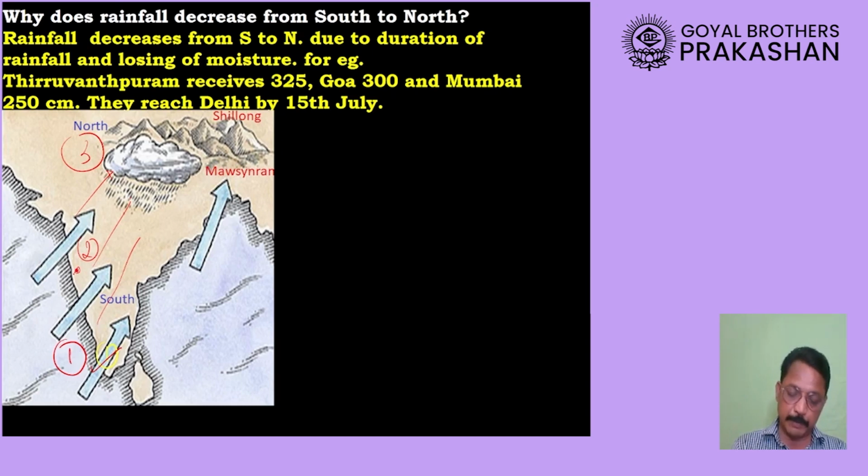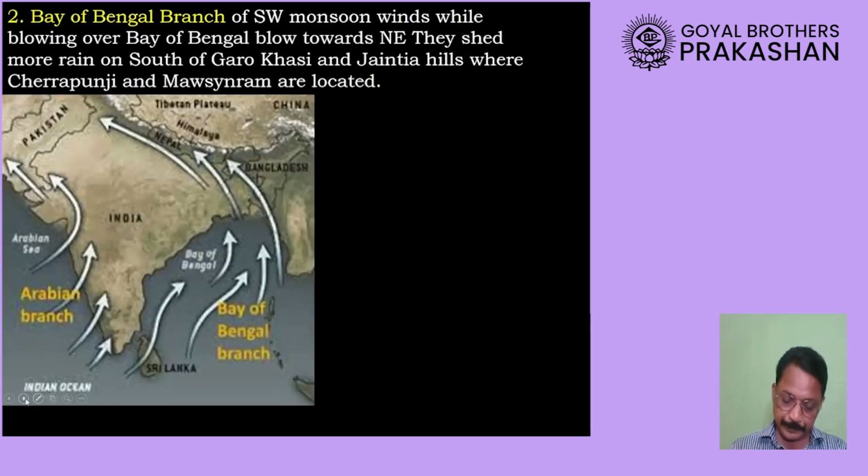Then we will reach Panji, which will receive around 300 centimeter rainfall. When you reach Mumbai, the rainfall is about 200 to 250 centimeter, and as you go further, the rainfall will go on decreasing.